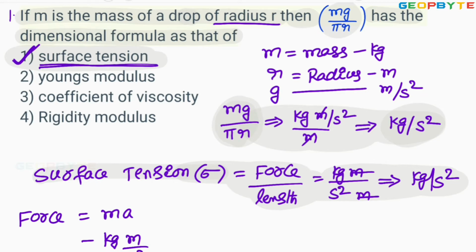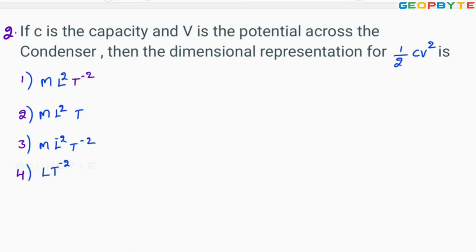Let us take the second problem. If C is the capacity and V is the potential across the condenser, then the dimensional representation for half CV square is, it is like this.